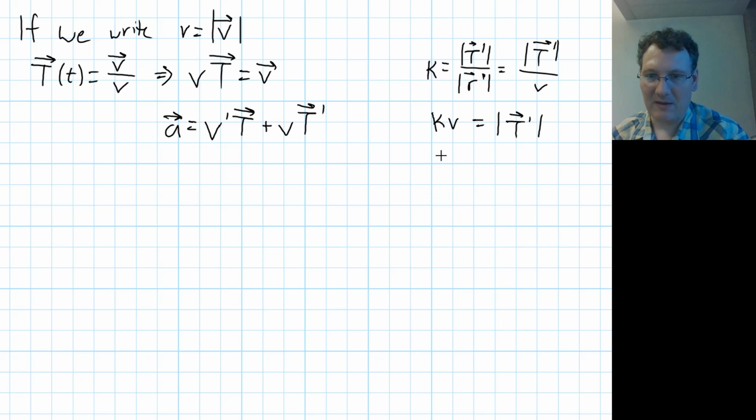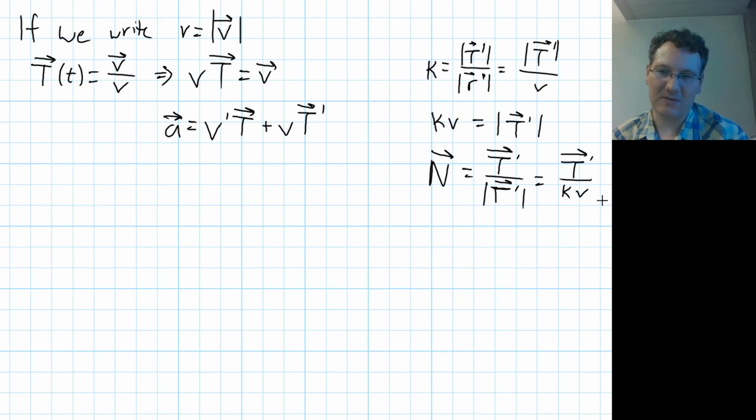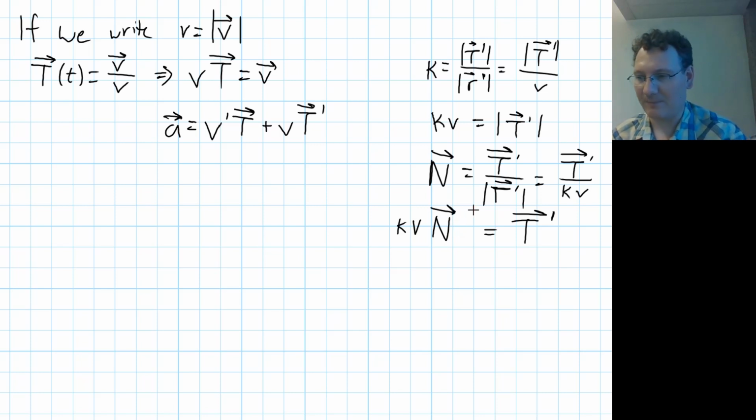And if you remember, the normal vector is just the first derivative of tangent divided by the magnitude of the first derivative, right? Plugging in this kappa v, the curvature times the speed, we can write the magnitude of that unit vector prime is kappa times v times the normal vector.